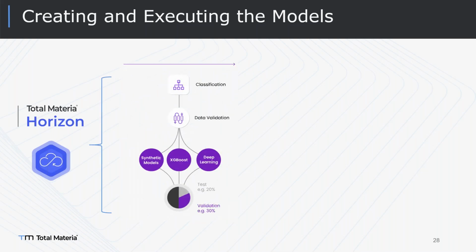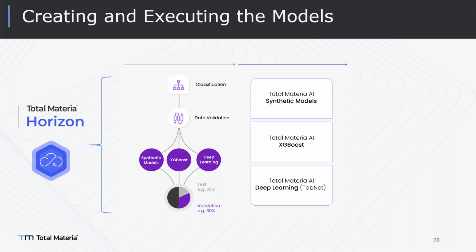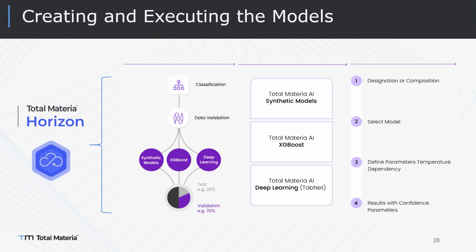And it is using complex calculation methods. Of course, we do have more than 500,000 reference data, right? So accurate calculations, still to be more and more accurate and precise. We are using designation, composition, selecting models, define parameters, temperature dependency, and result with the confidence.